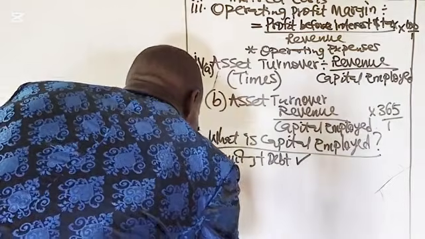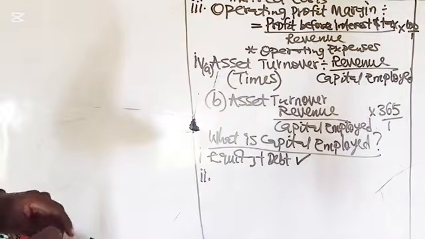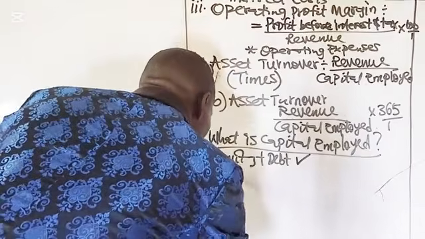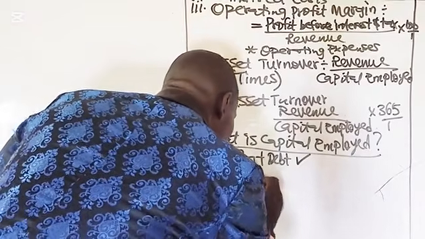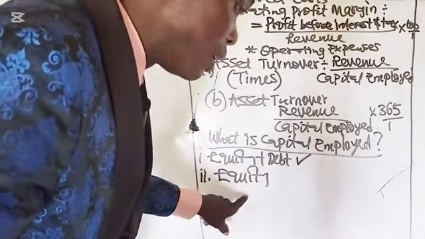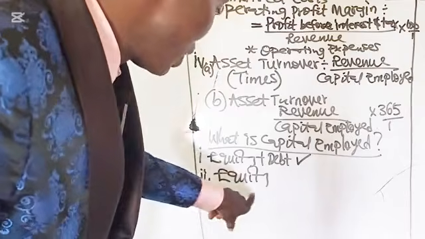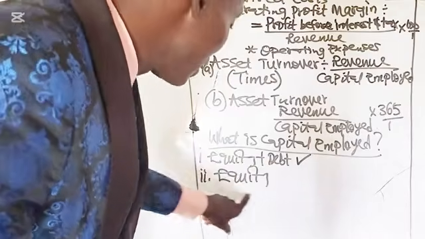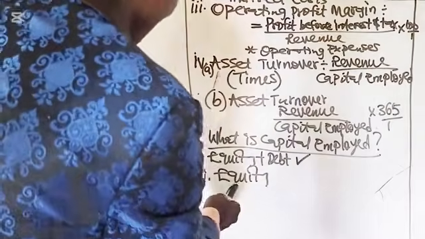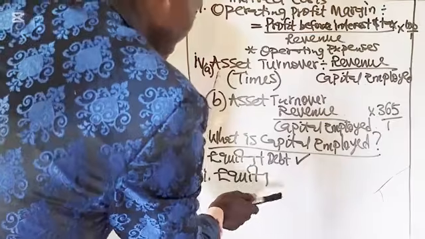But if the business is ungeared, that means the business is financed with only equity. Therefore, the capital employed will be equity. That is why you see some saying total assets minus total liabilities, which is equity. If a company is ungeared, then your capital employed is equity.